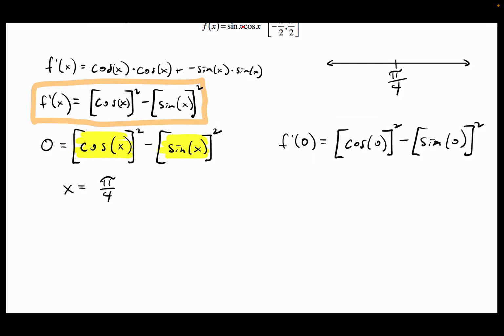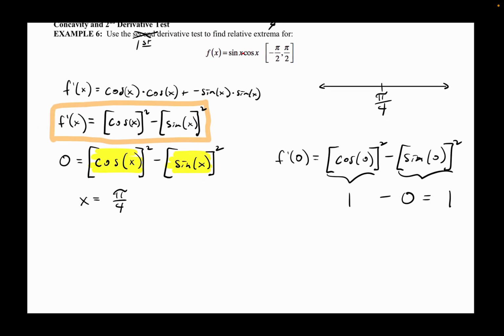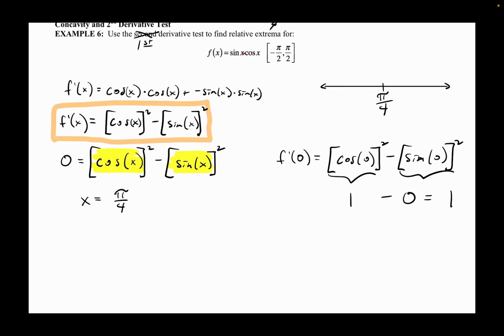Cosine of 0 is 1, 1 squared is 1. Sine of 0 is 0, 0 squared is 0. 1 minus 0 is 1. So anything less is going to be positive.